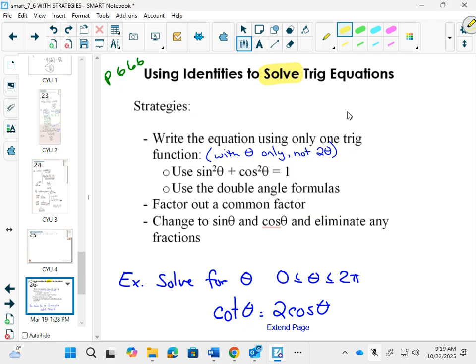But because it's a solving question, you can eliminate fractions by multiplying. And maybe that gets us to a point where we could solve it. So we're going to do a bunch of questions that involve identities now and look at how they make it a little bit more complicated, but our goal is to get something in the end like we saw before in chapter 6.